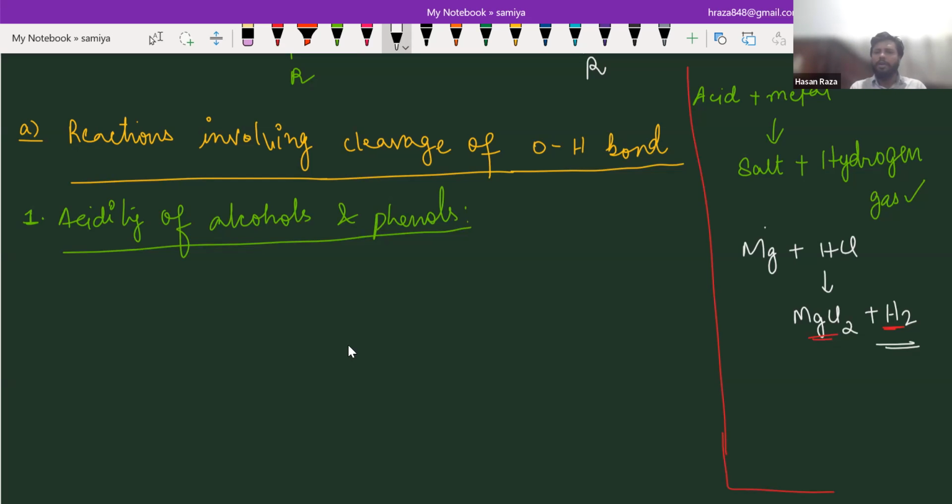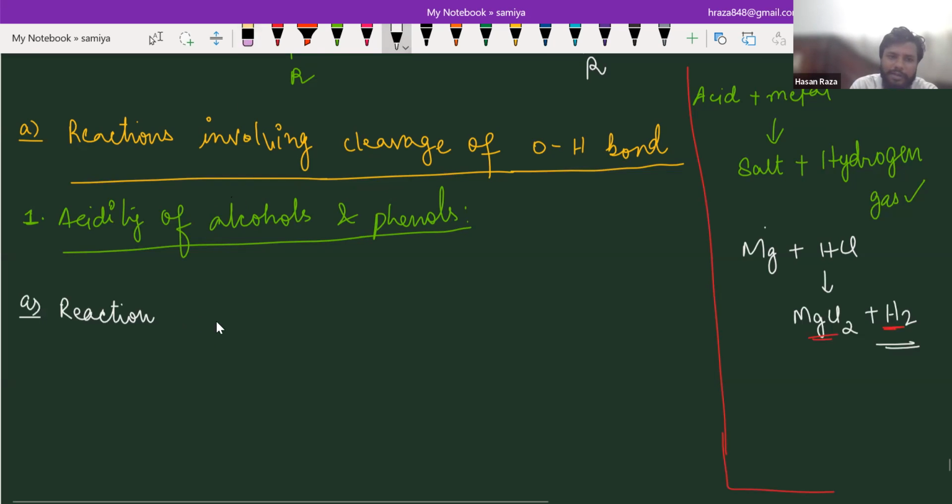And when alcohol reacts with metal, the product formed is salt with evolution of hydrogen gas, because it is also an acid. When acid reacts with metal, salt and hydrogen gas are formed. Is that clear? Yes, sir. Please do respond. Thank you.